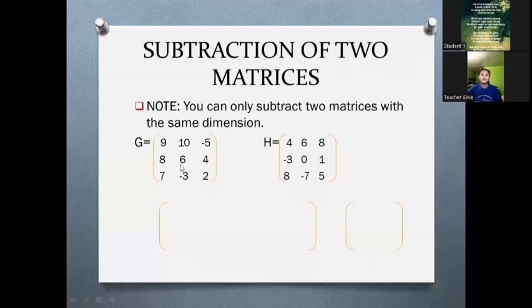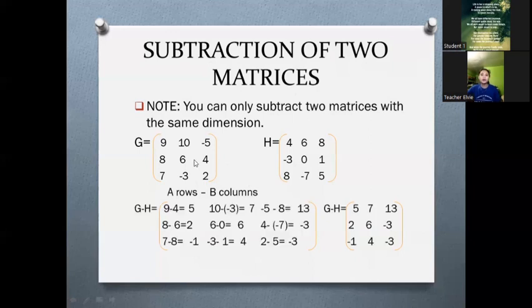First, 9 minus 4 is equal to 5, and 10 minus negative 3 is 13, negative 5 minus 8 is negative 13, 8 minus 6 is 2, and 6 minus 0 is 6, 4 minus 1 is 3, then 7 minus 8 equals negative 1, negative 2 minus negative 7 is 5, and then 2 minus 5 is negative 3.